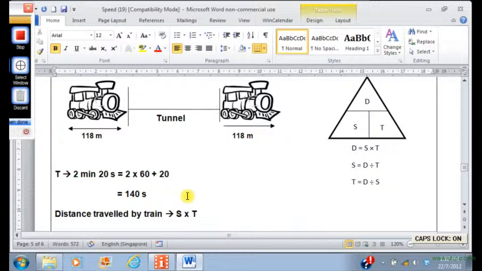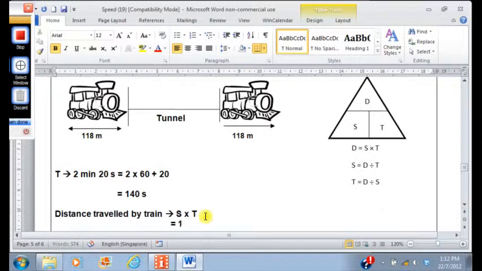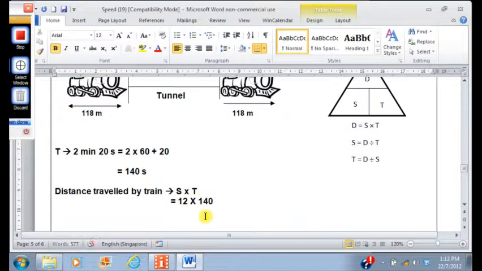That will be equal to, we know that the speed is 12 meters per second, 12 times 140. Now what does this give you? This will give you a distance of 1680 meters.